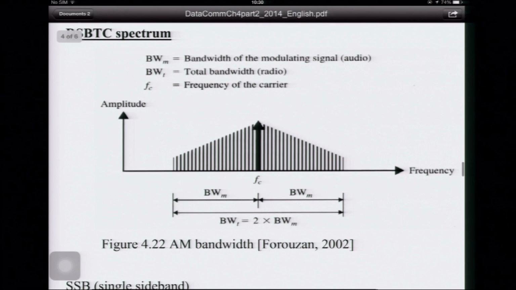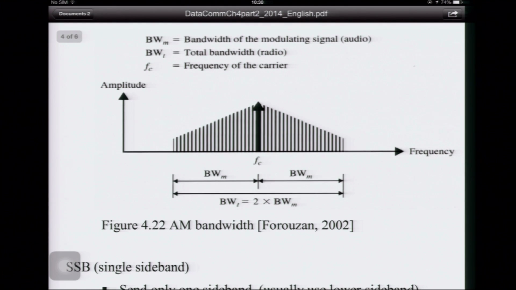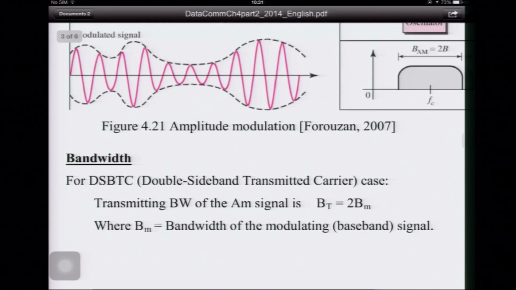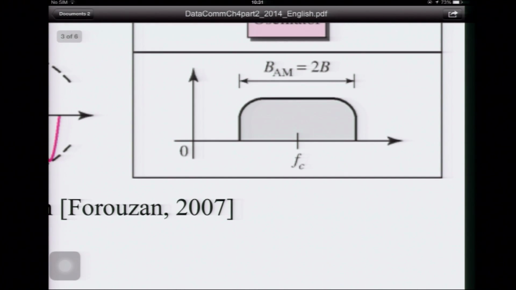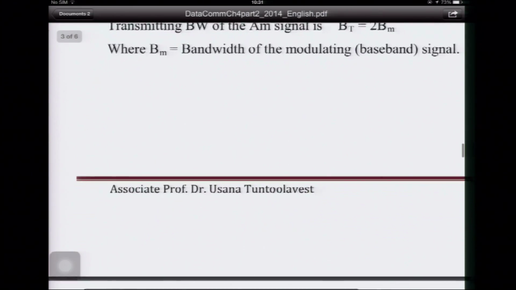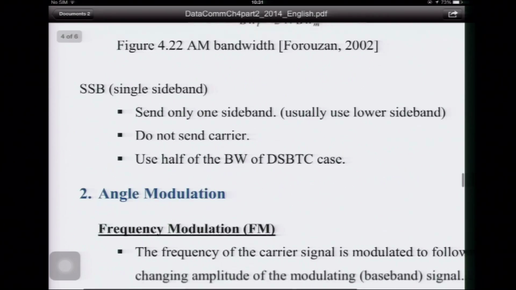You can see it's similar to what I have just shown you in the previous picture. The bandwidth is twice the bandwidth of the baseband. This is similar to the picture here, but this is the more simplified one. The bandwidth is the same.